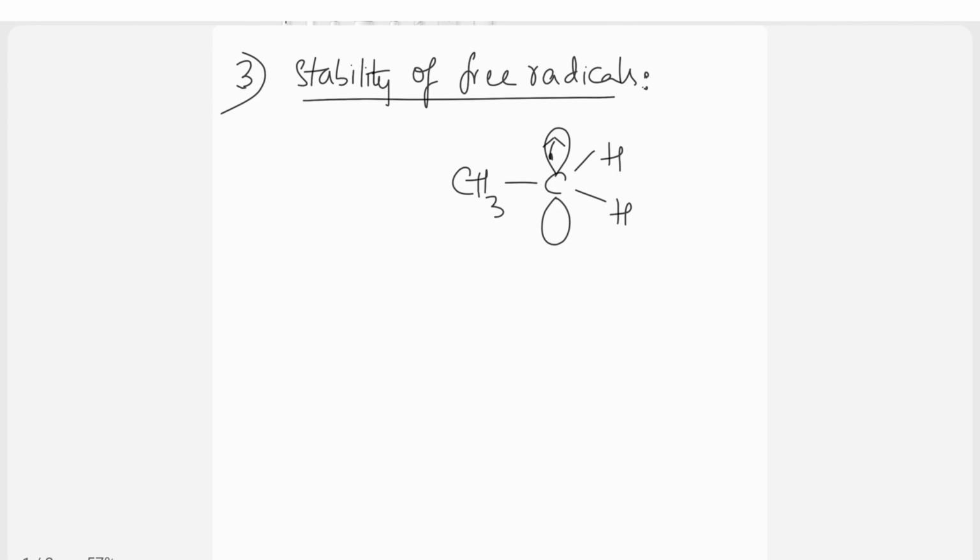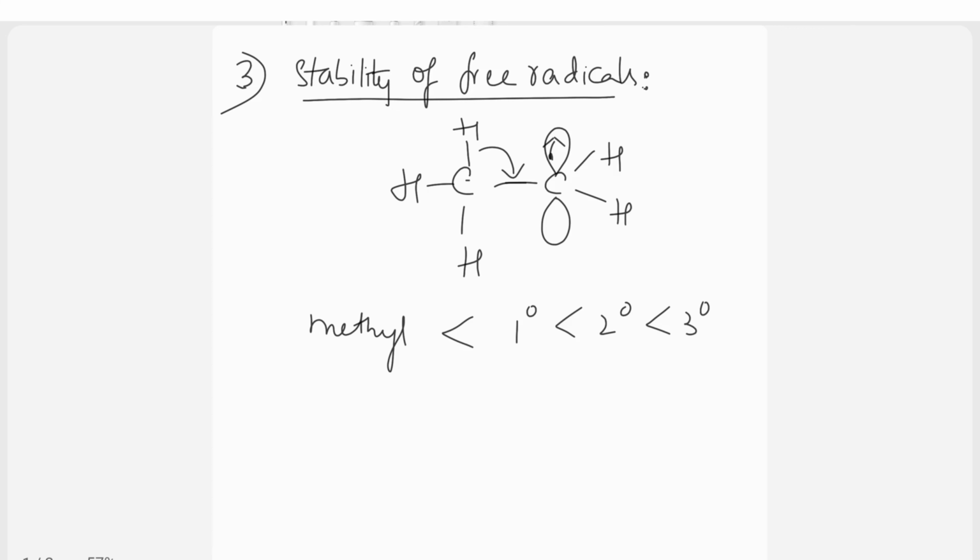So there can again be the shift of the bond from the alpha carbon to the p orbital. Hence it follows the same order: methyl is less stable compared to primary, less stable than secondary and tertiary. So this is the same order as that of the carbocations.